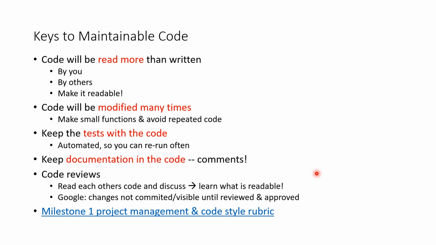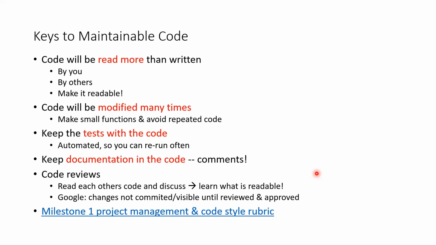Keep the tests with the code. Assertions can be the simplest tests to write with your code, and they will be run each time you run the program. So you can do it often and it won't take that much time. Keep the documentation in the code by using comments.